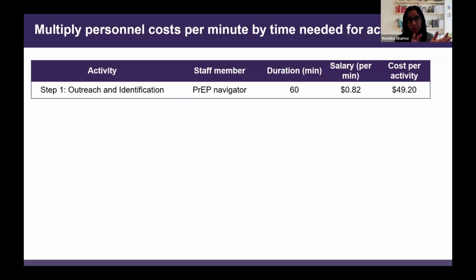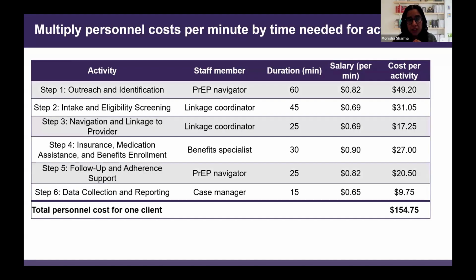That is done by the prep navigator, and it takes 60 minutes, and their salary per minute is 82 cents. So the cost for that activity is $49.20. And then you can go through and do this for every step of prep navigation.